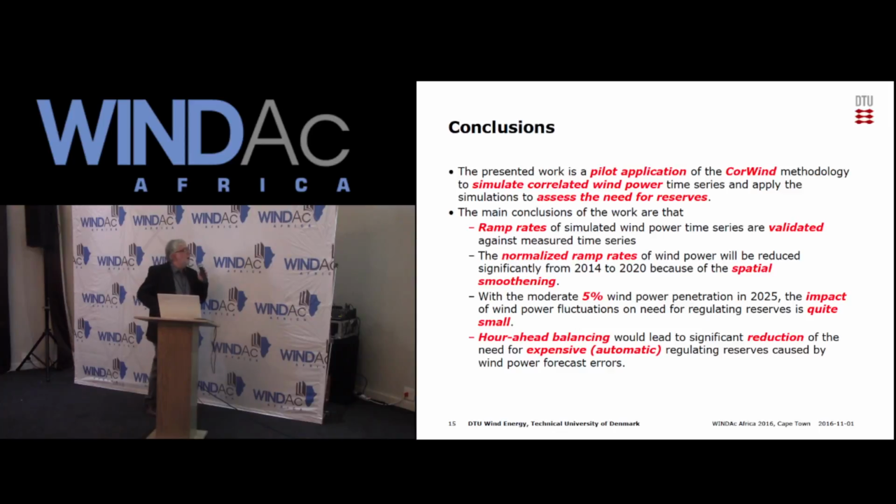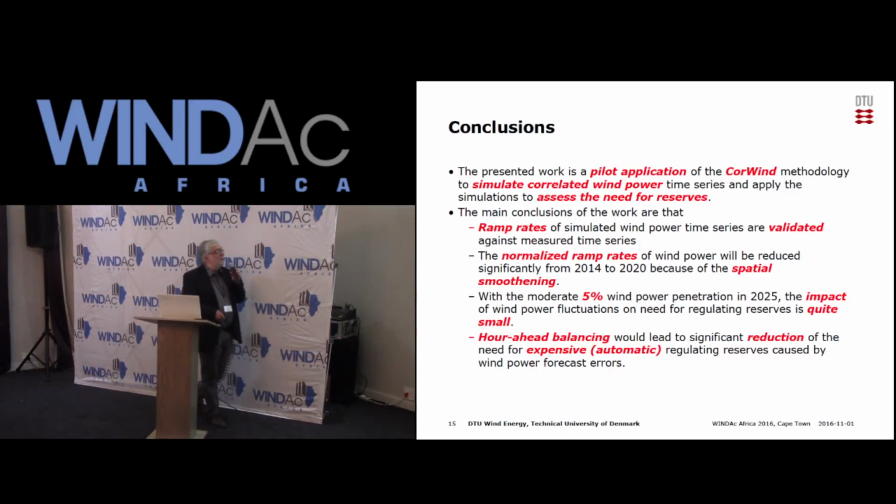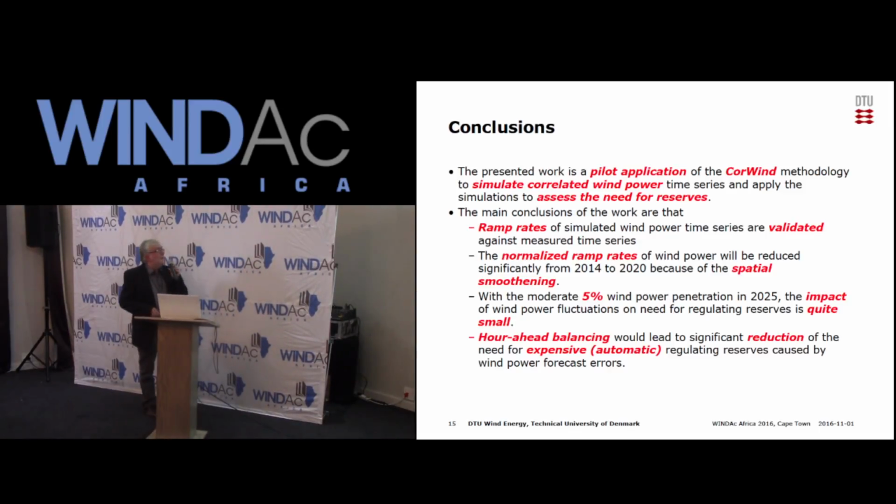And then the last one here is that the hour-ahead balancing leads to a significant reduction of the need for the expensive automatic reserves. Of course, it should still be balanced, but then it can be balanced with the manual reserves instead of the automatic reserves if you use that.